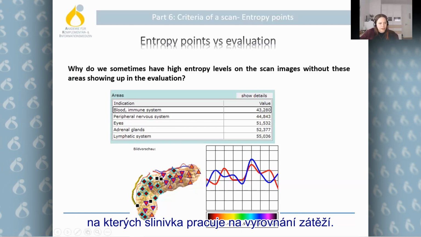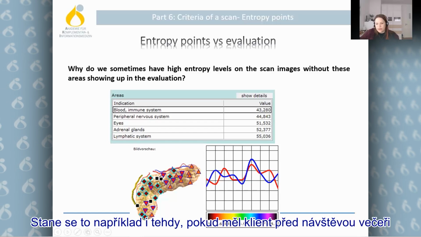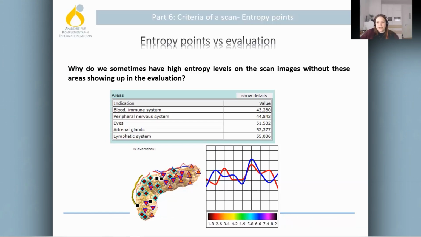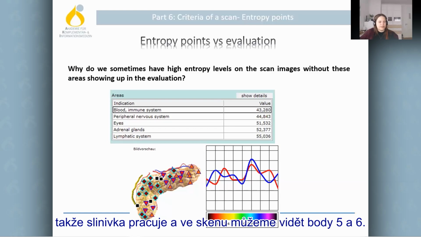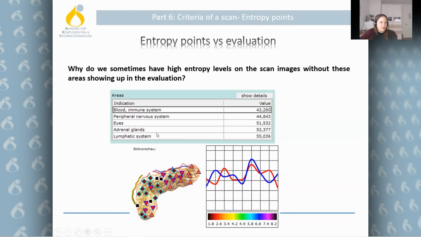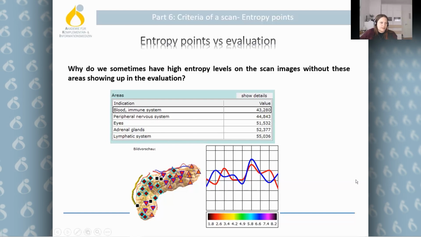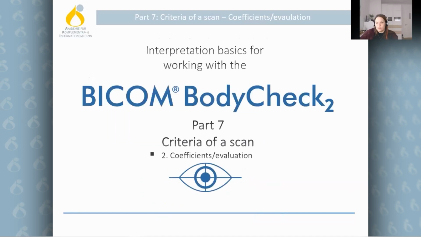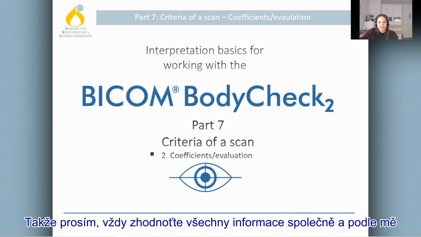The pancreas is working against the stressors of, for example, when the patients have dinner before and then come to your practice. Of course, when they have eaten something before, it's possible that they have 5 and 6 because the pancreas is working. But in the areas you see that there's no stress to start with the treatment first. So please bring this information together.